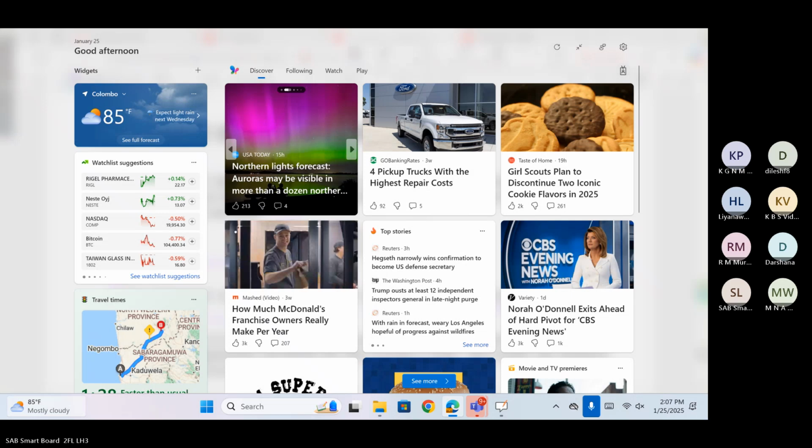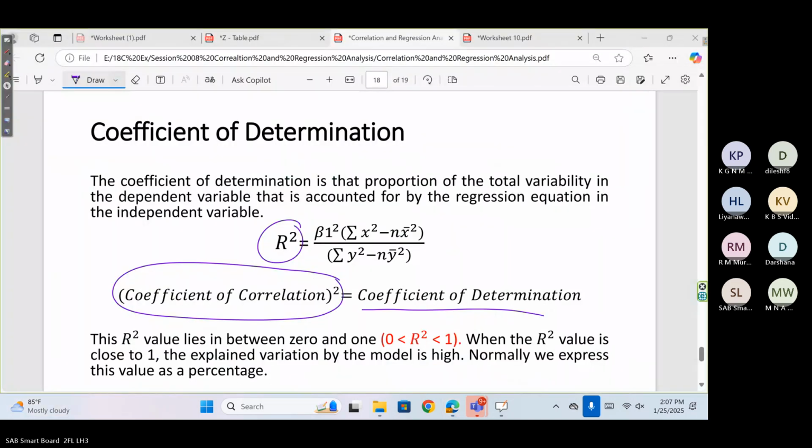For example, when R is 0.9, the coefficient of determination is 0.9 squared, 0.81. Understood?